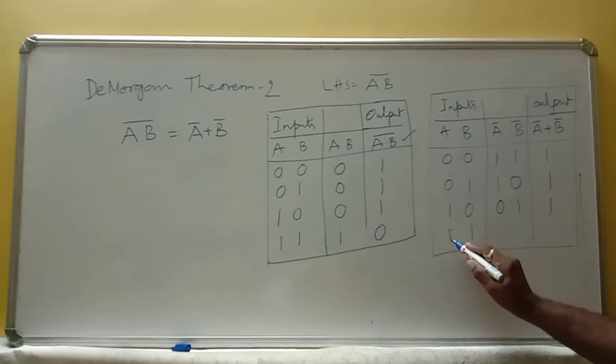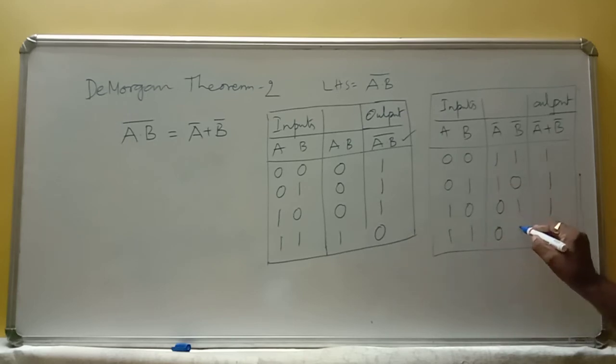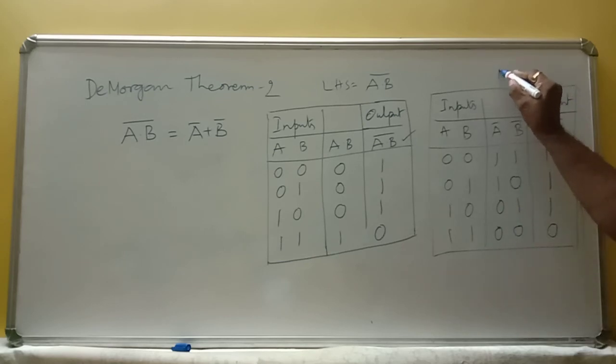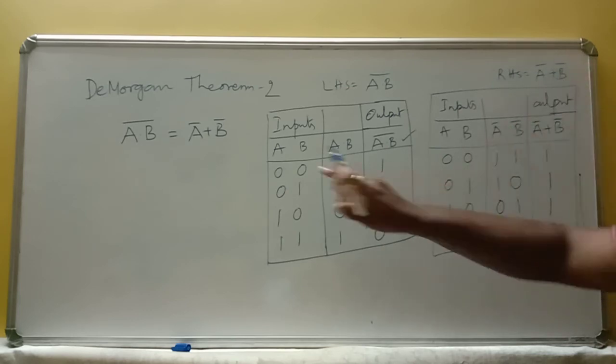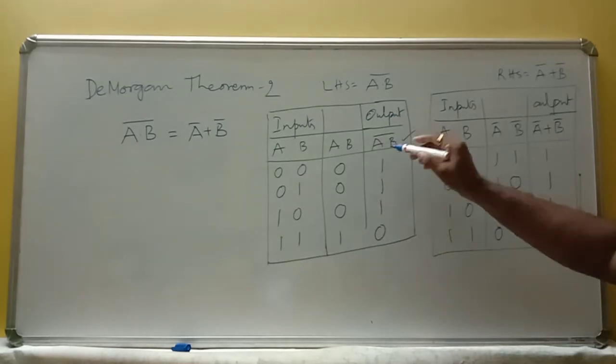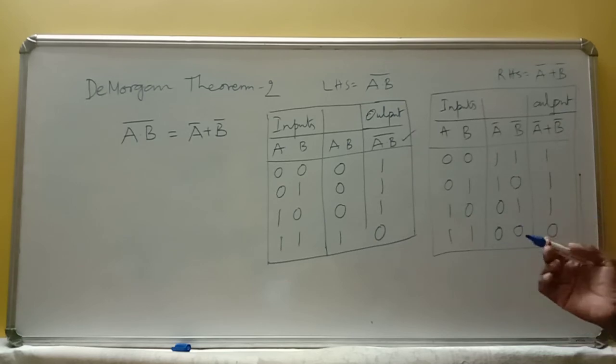Here A is 1, A bar means 0, B is 1, B bar means 0, 0 plus 0 is 0. Here RHS is equal to A bar plus B bar. So AB whole bar is 1, 1, 1, 0, and A bar plus B bar is 1, 1, 1, 0. Both are the same. Both are verified.